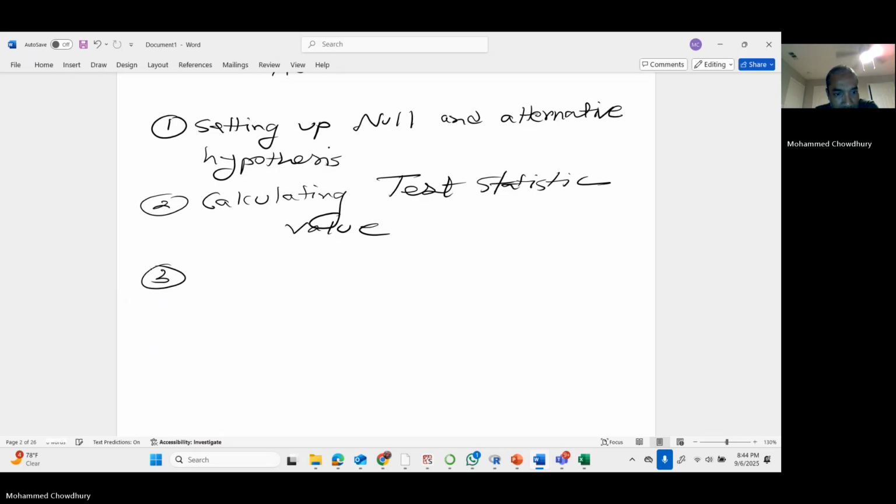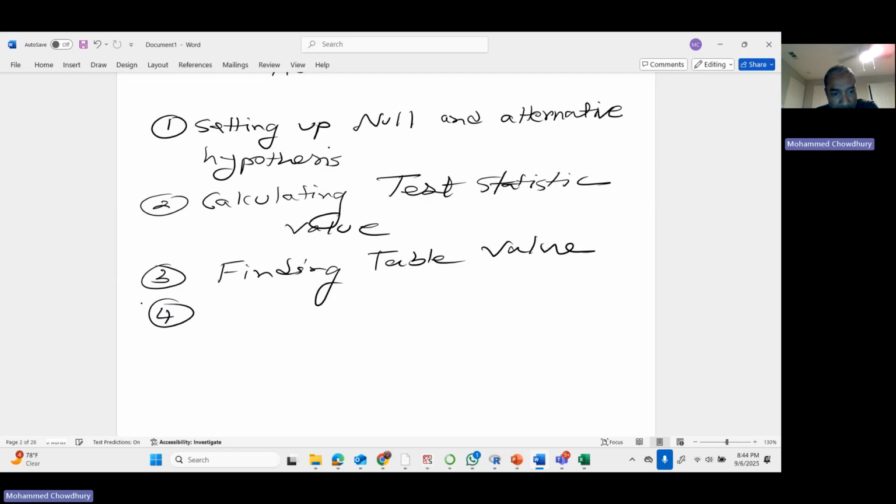Number three, finding the table value. And number four, making decisions.